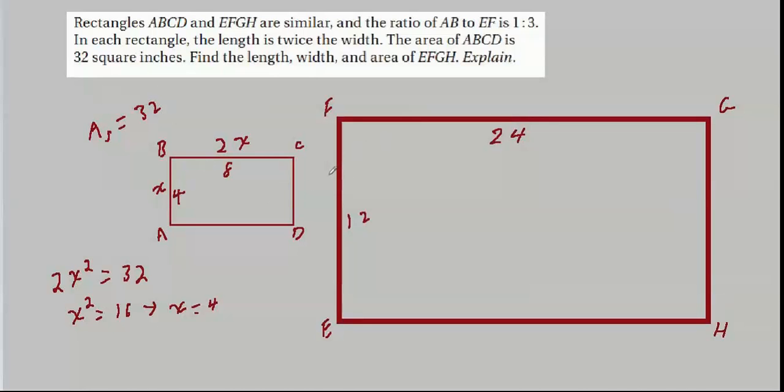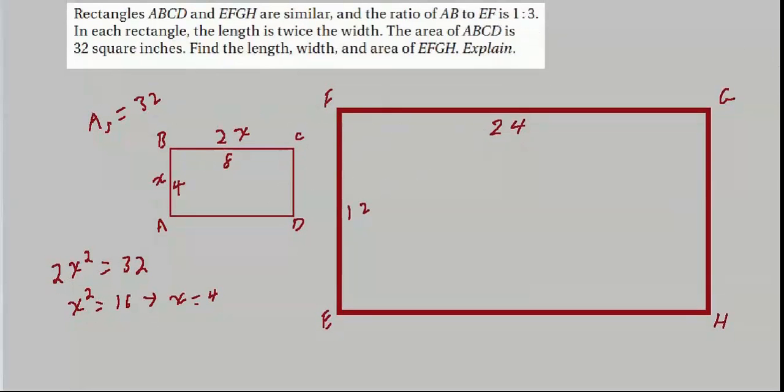But as we compare the areas, they're going to be related according to the square of the similarity ratio, which is 9. So what I'm getting at here is 12 times 24, or 9 times 32, should work equally well. They should both give us the same number.